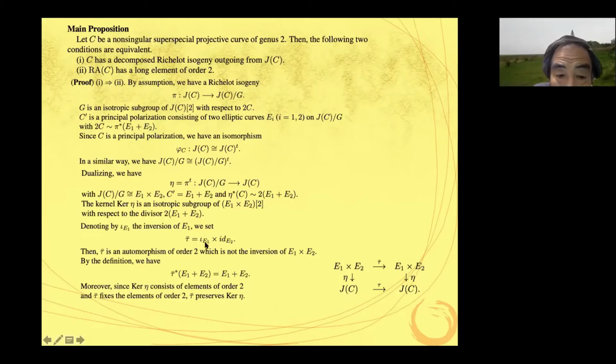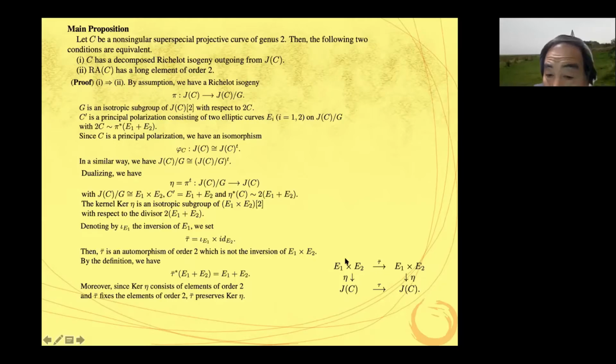So we consider the automorphism of iota cross identity here. On E1, iota is inversion, and on E2, this is identity. Then this is not the inversion of this Abelian surface, but anyway, this is an automorphism of order 2.